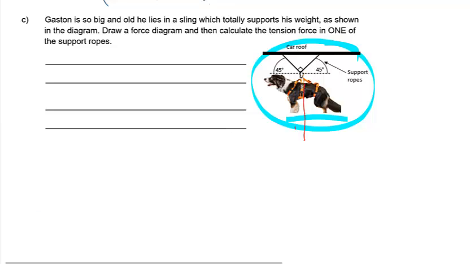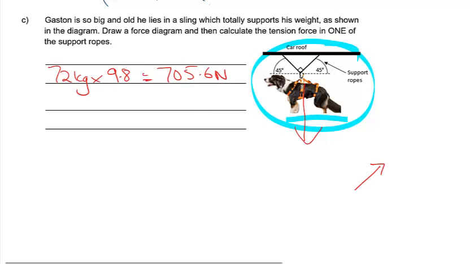So we've got a weight force coming down here, 72 kgs. Remember to times it by 9.8 because that's what we use for our constant. So that's 705.6 newtons going down that way. Now we could use vectors to solve this, but we can just use Pythagoras as well.